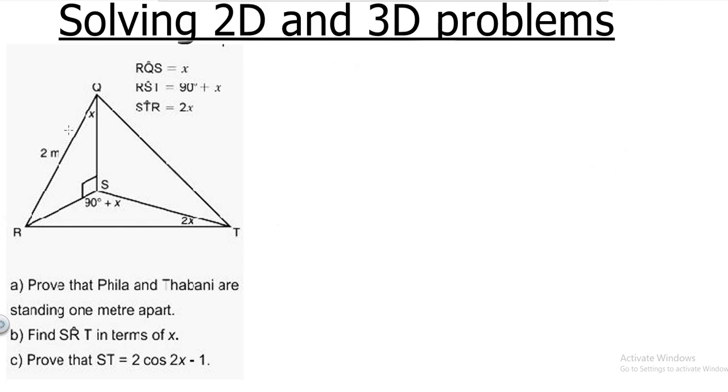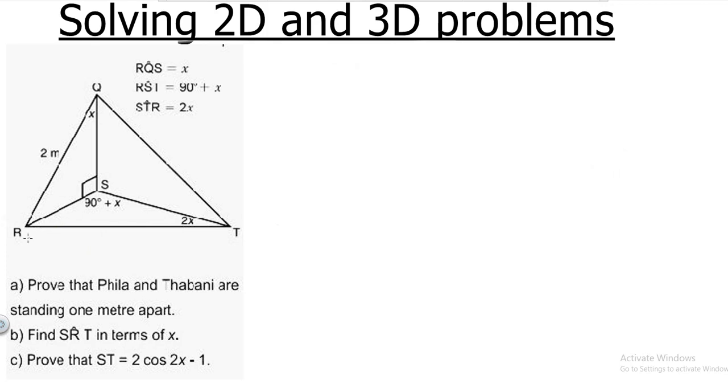Now we have a triangle which is RSQ or QRS. This sign means a right angle, so this is a right angle triangle. And then we have what is given here, the angle X in a right angle triangle. And we have this side 2 meters, which represents hypotenuse.